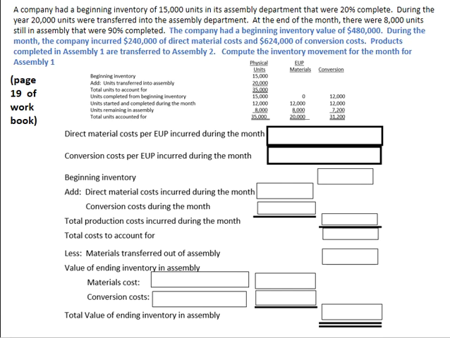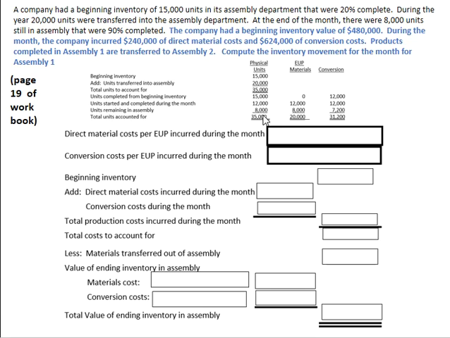Now, if we take a look at page 19, it looks a little complex, but it's really not that bad. You see this schedule here where it talks about physical units, EUP for materials, and conversion. Under physical units, we have a beginning inventory of 15,000, units transferred into assembly 20,000, total units to account for 35,000. And you see down here this reconciliation of inventory movement.